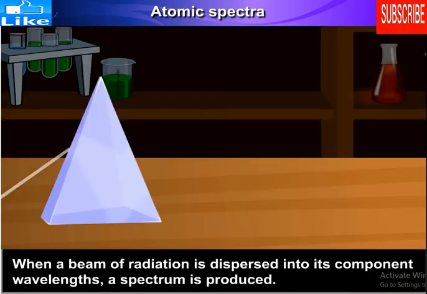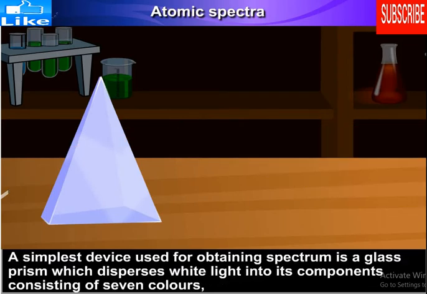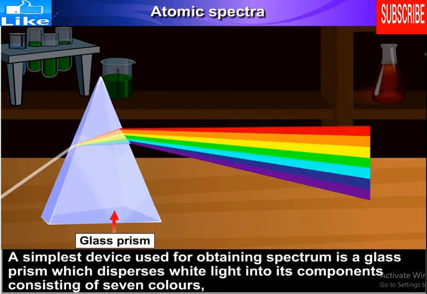Atomic spectra. When a beam of radiation is dispersed into its component wavelengths, a spectrum is produced. The simplest device used for obtaining spectrum is a glass prism, which disperses white light into its components, consisting of 7 colors.